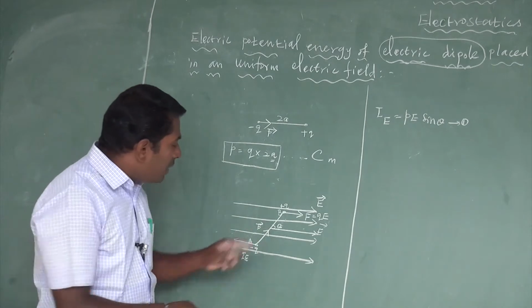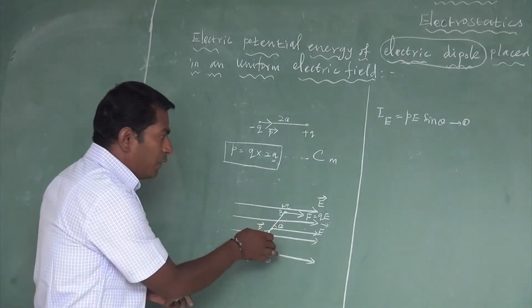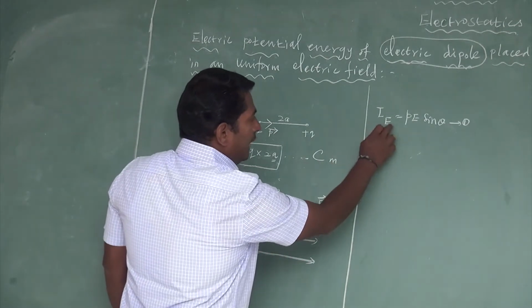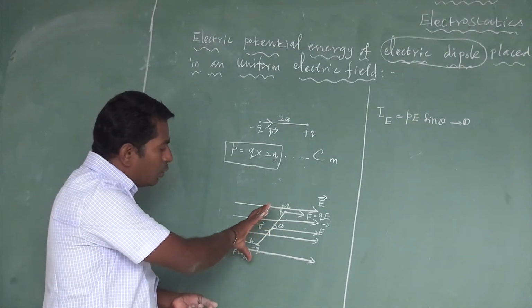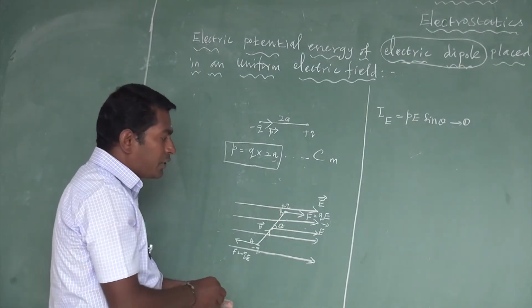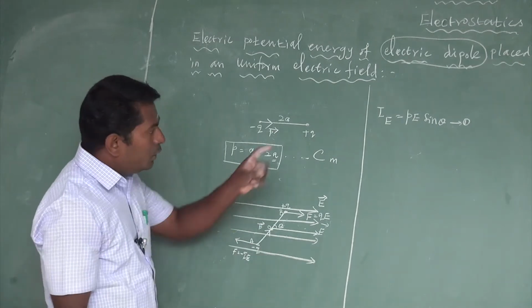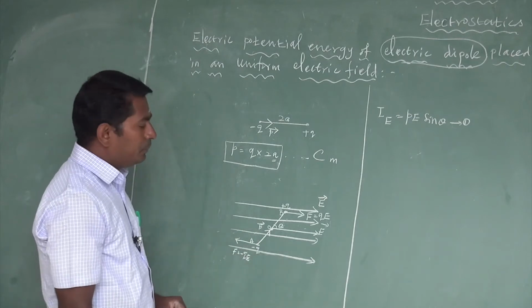So torque is experienced by the dipole due to the field, tau equals P E sin theta. Due to this torque, the dipole rotates along the direction of the electric field about a fixed point O.